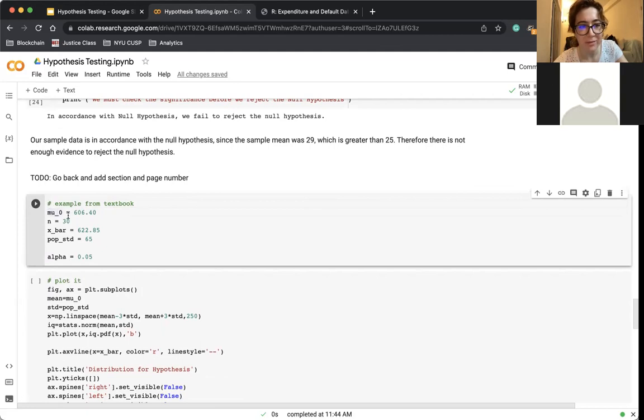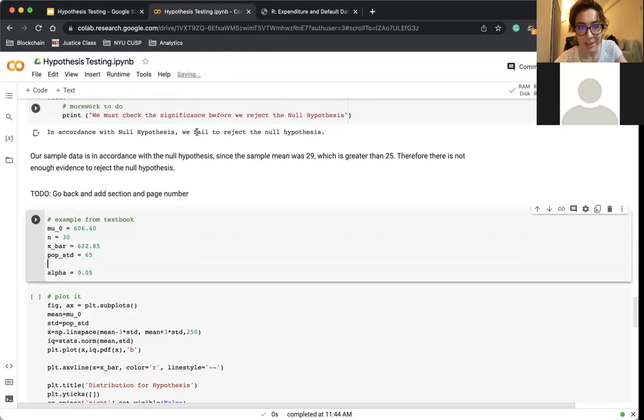So once we are finished with recording this, we will have more context, because all I have now is that it gives you the average of the population, the number of observations, and then the average from the sample, which is this X bar, and the population standard deviation, and then our significance level. So a lot of the homework questions will be very similar to this, where it just states what you need to have.